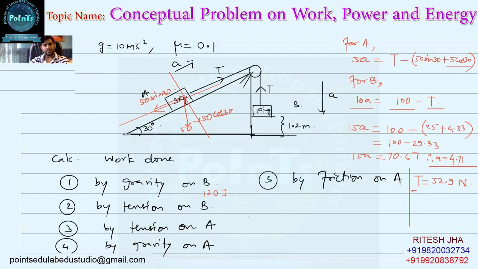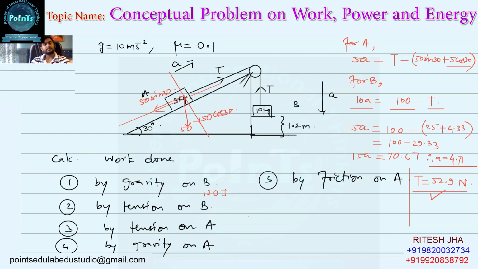I'm giving you the value: tension is 52.9 Newton. Now, when I'm giving you this tension, tell me what is the work done by tension on B?